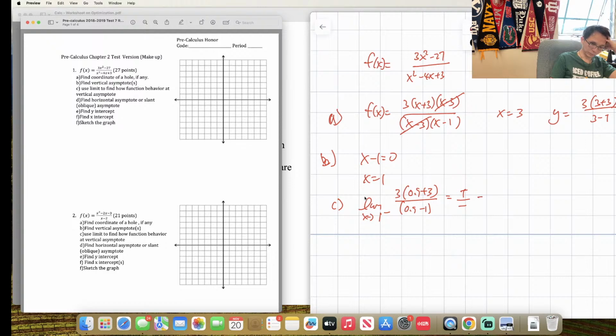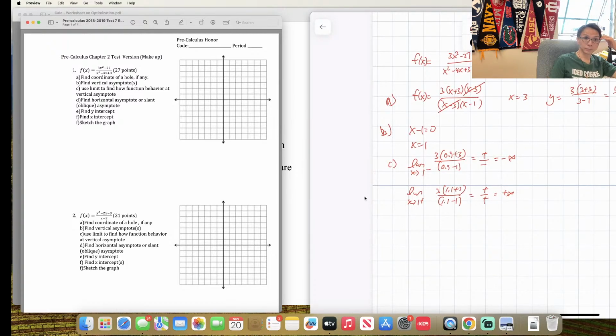I got negative 9. I got negative infinity. It's 0, 9, negative, so 0. Negative 9. So then that's negative.